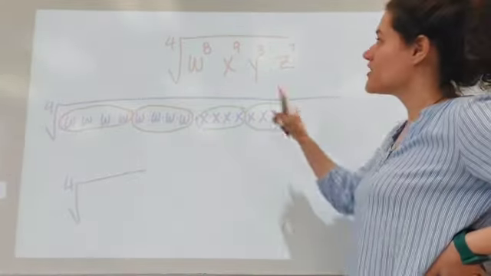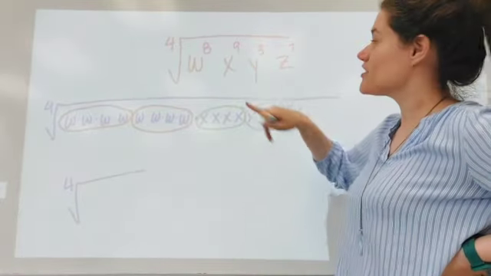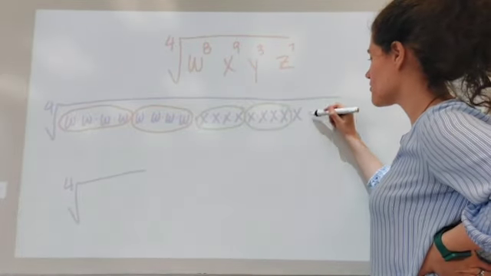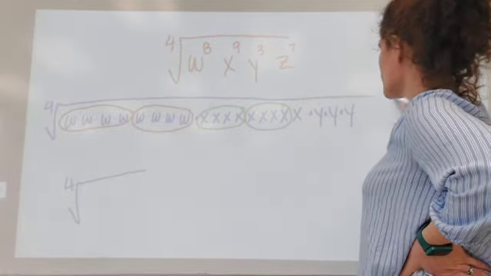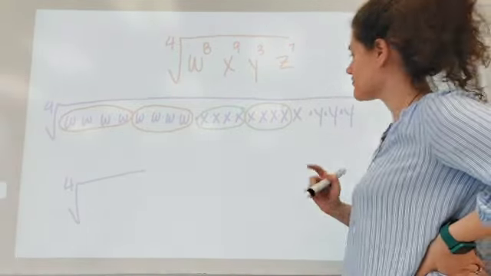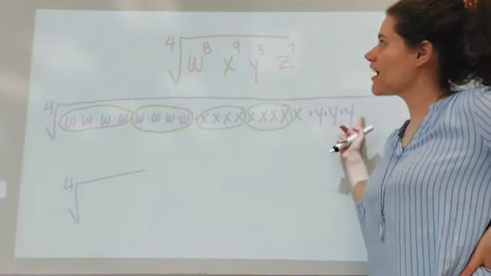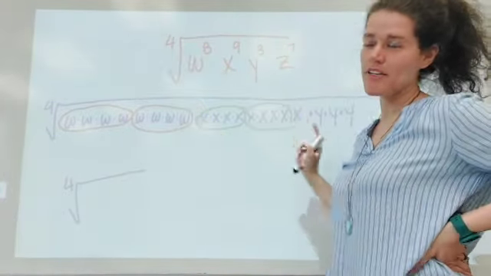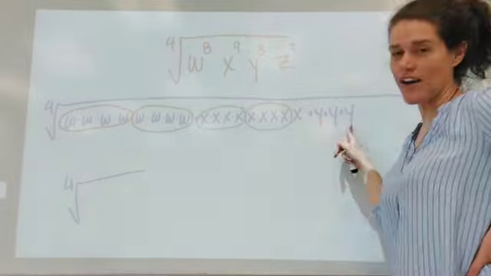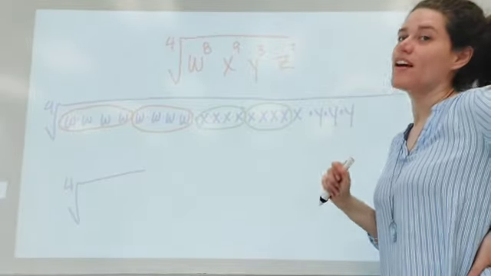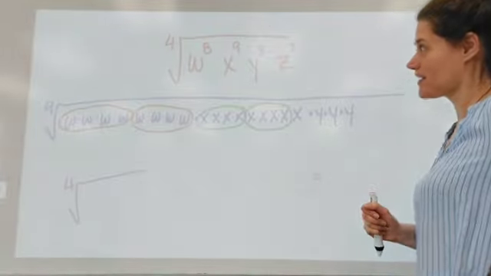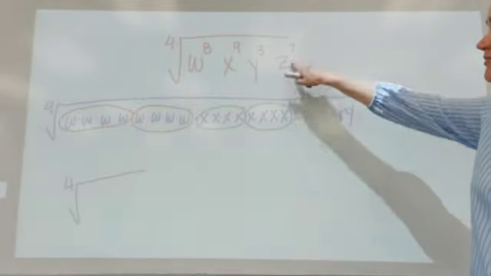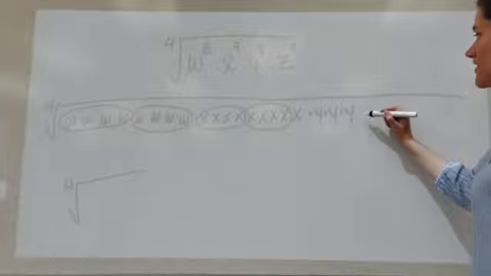Let's keep going. So now we're on the y's, and we just have 3 of those. So 1, 2, 3 there. So here, I'm looking for groups of 4, but do I have enough y's to make a group of 4? I do not. So I'm not going to be circling any groups of y's there. So let's move on to the z.